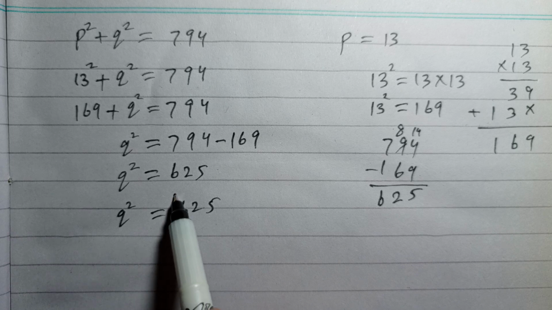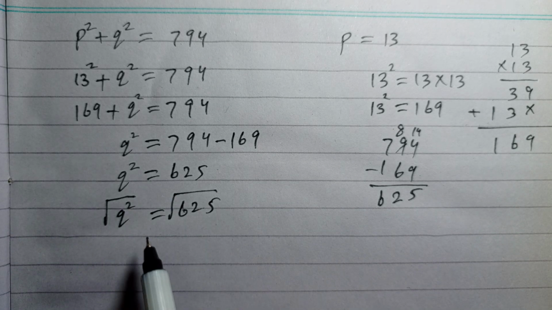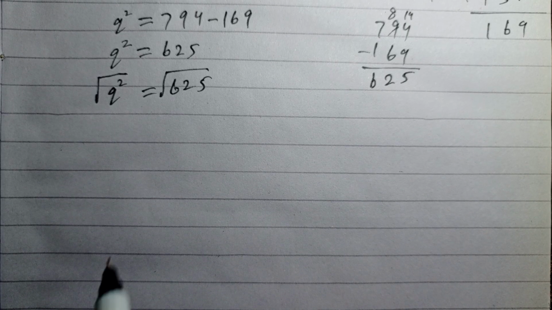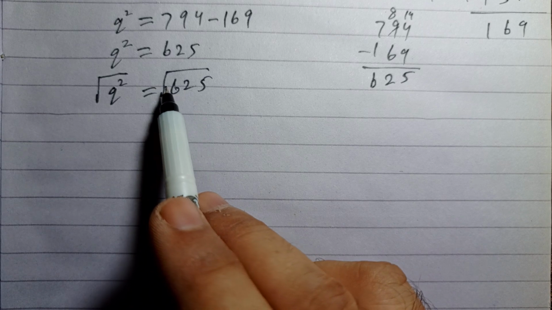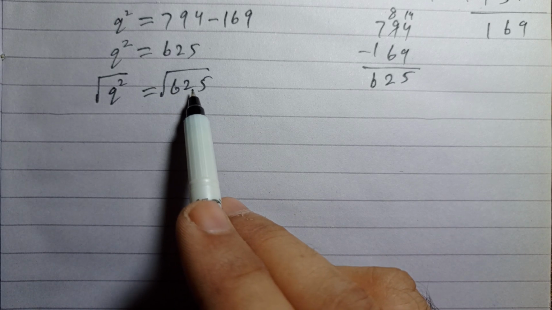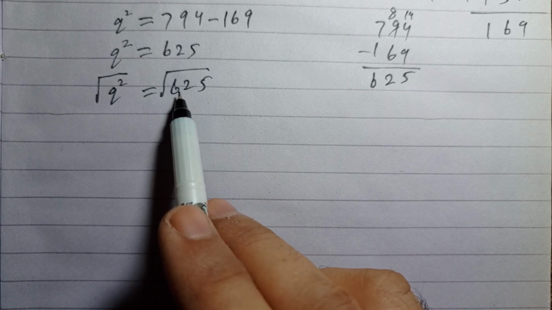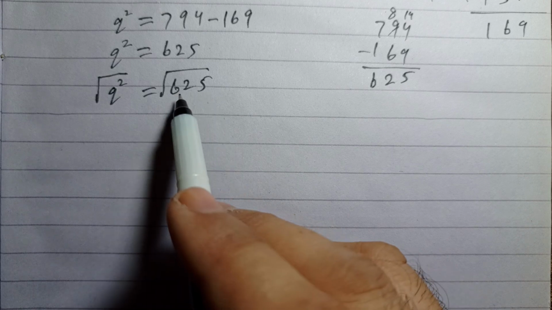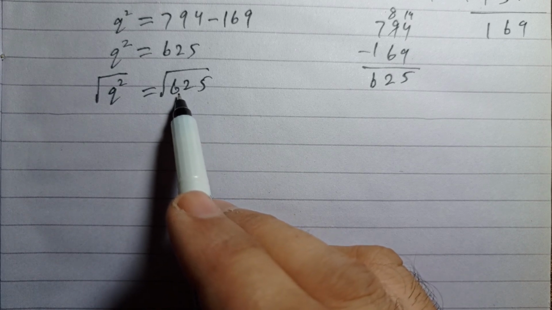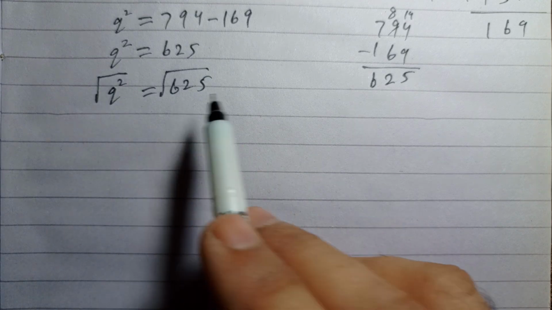You will write the under root sign here, as well as here, so that you can remove the square of Q. To solve the square root, you have to take its prime factors, although you can also take the under root directly, but you know the prime factor method well, so I will try prime factorization here to find the square root of this number.